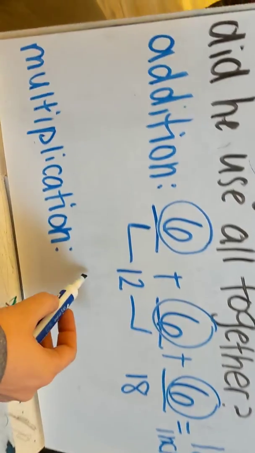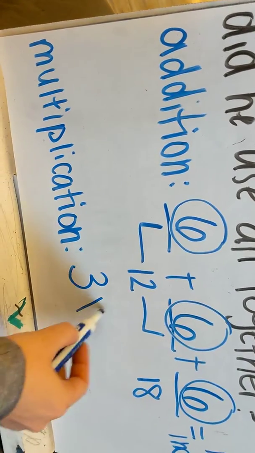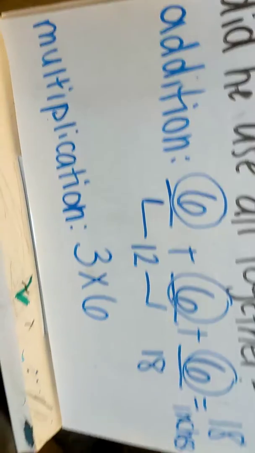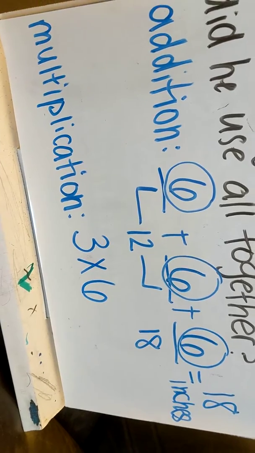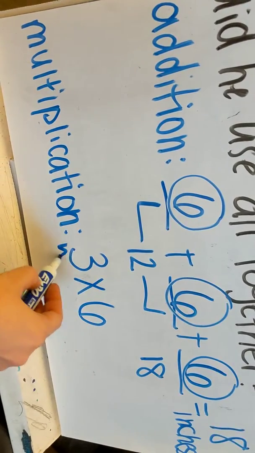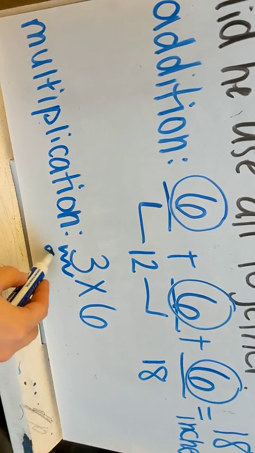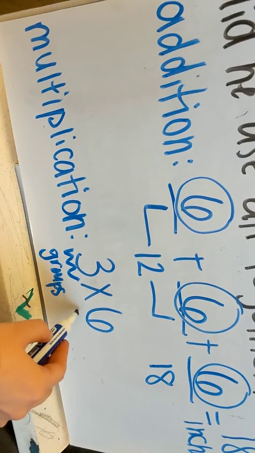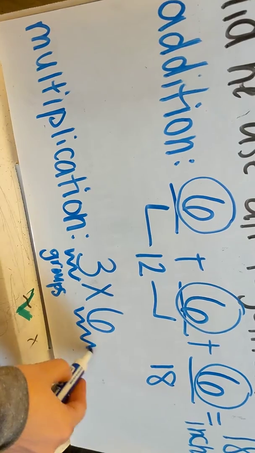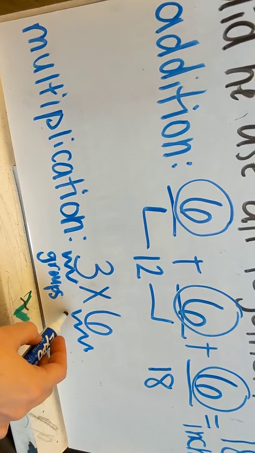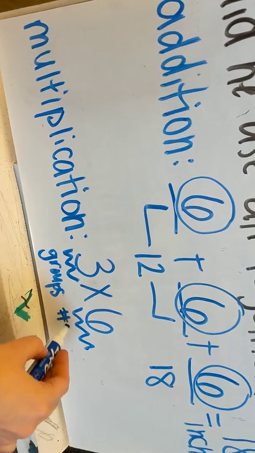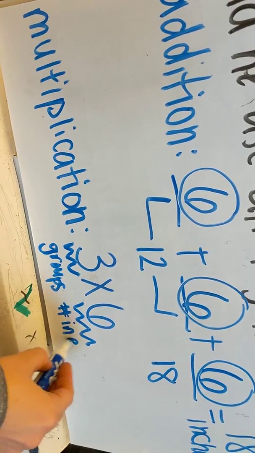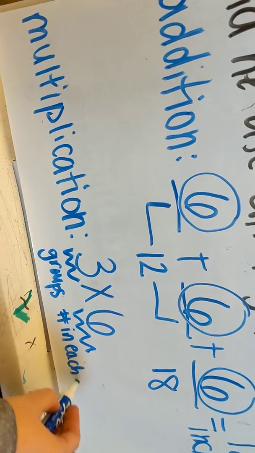So if I have 3 groups of 6, I would write 3 times 6. And that lets me know I have 3 groups with 6 inches in each group. So this is the number in each group.